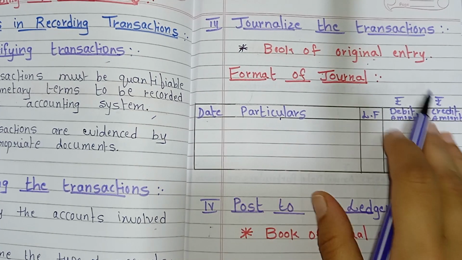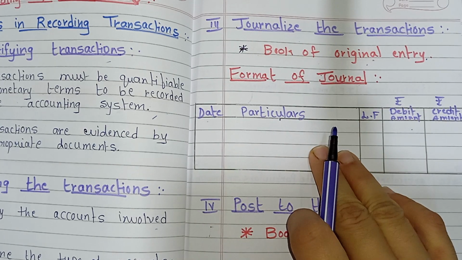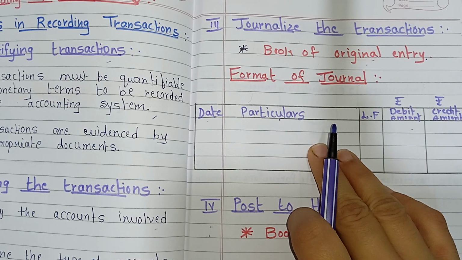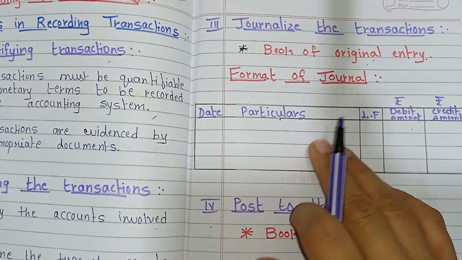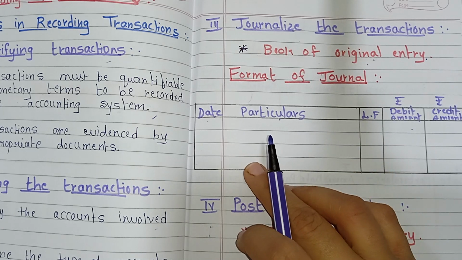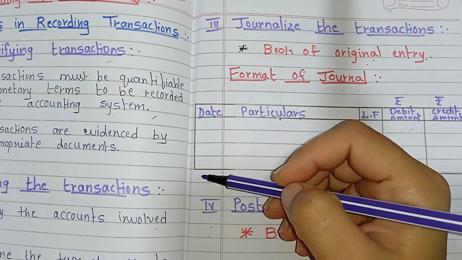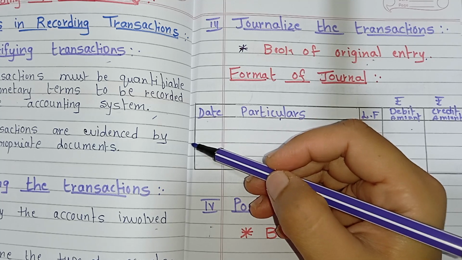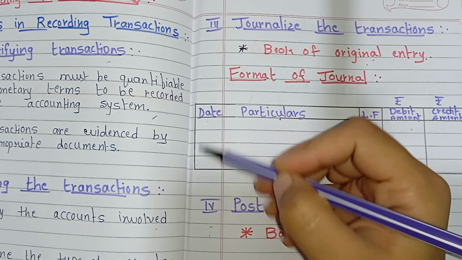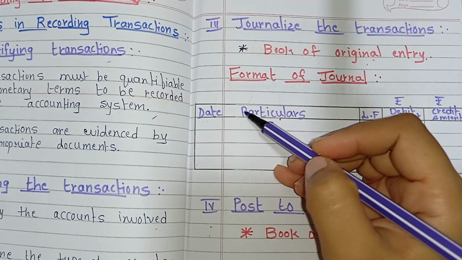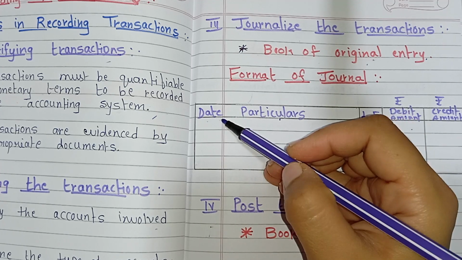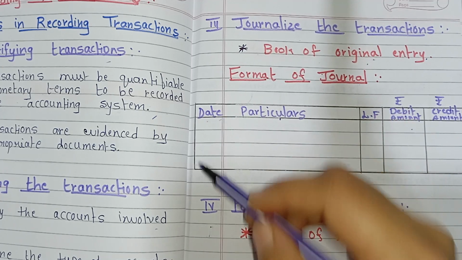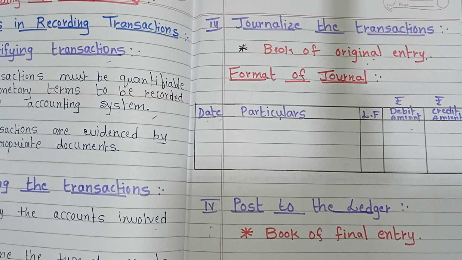This is the format of the journal. Here I will explain one by one. In the first column in a journal, it is the date on which the transaction took place. First we need to enter the date on which the transaction took place.